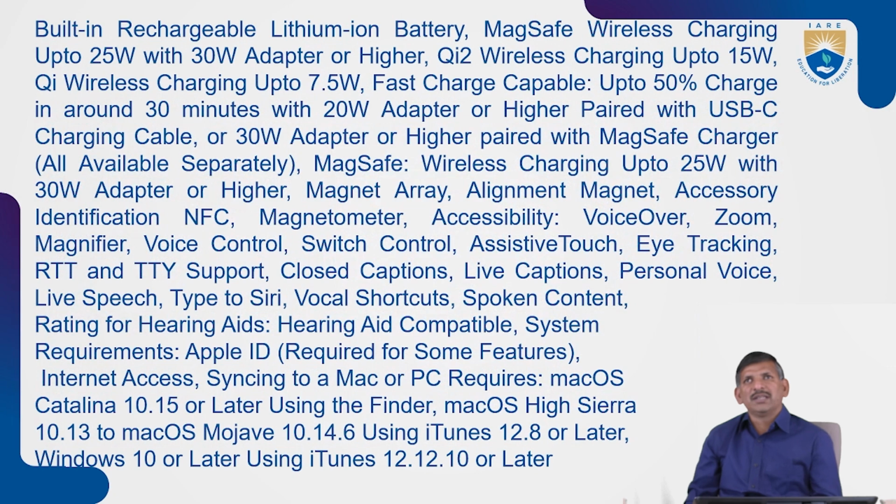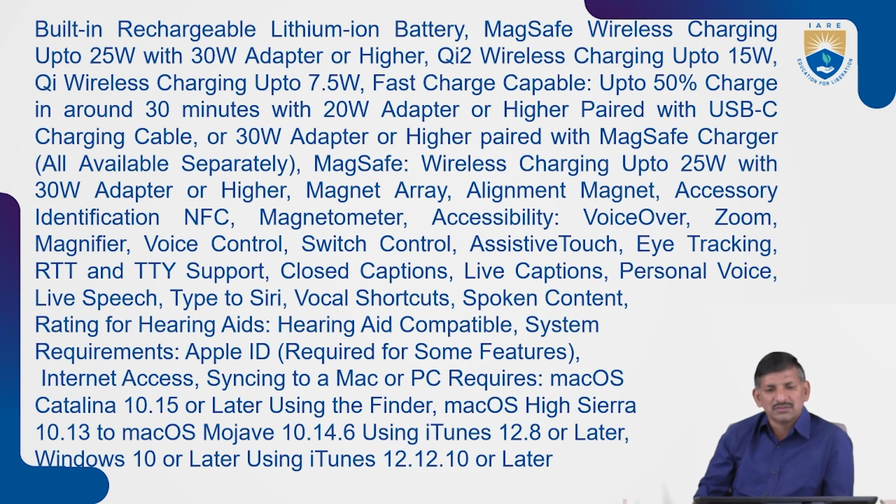So it contains a built-in rechargeable lithium-ion battery, MagSafe wireless charging up to 25 watts with a 30 watts adapter, or Qi2 wireless charging up to 15 watts, Qi wireless charging up to 7.5 watts. So there are different types of charging cables which support the 16 Pro iPhone model.